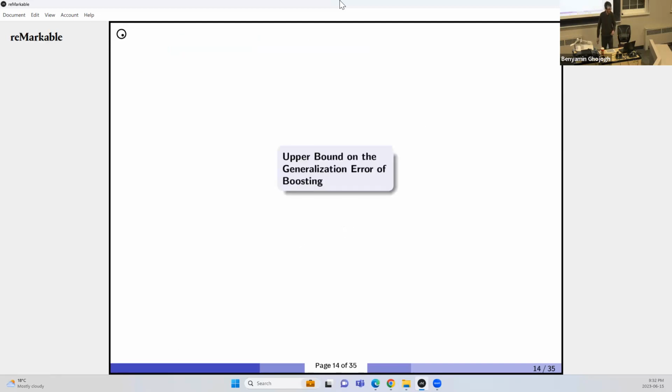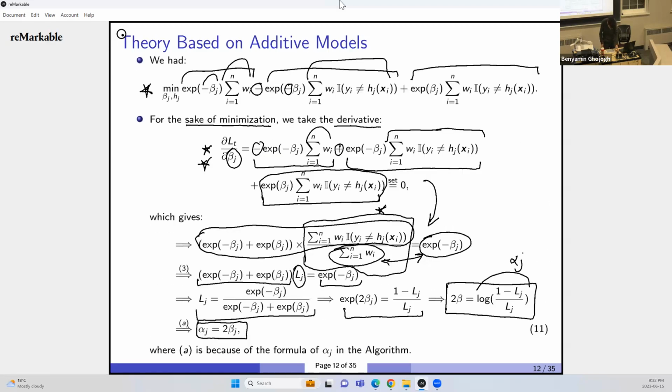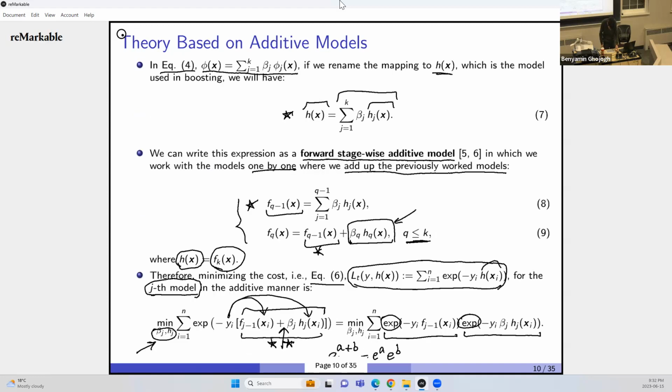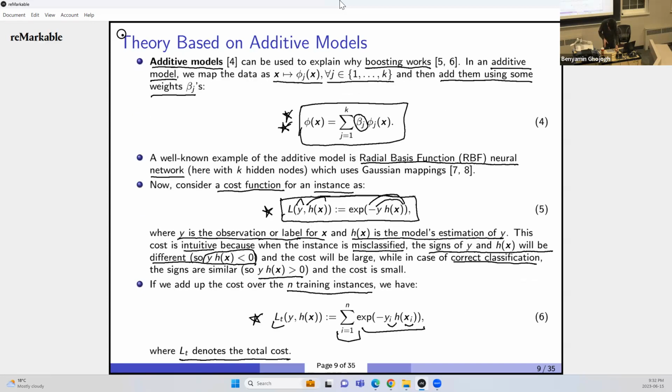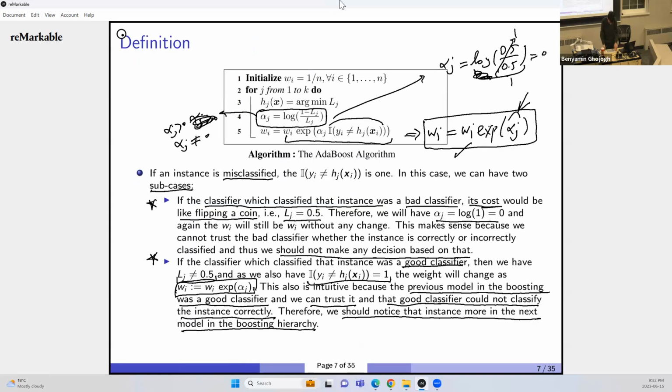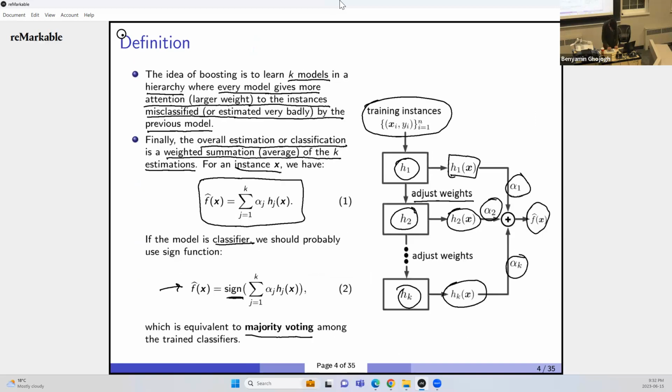Now, beta. Let's go back. What was that? Oh, it was in the additive model, the weights of the additive model. So let's go back to where we started. We said boosting is the summation of alpha_j h_j, but in the additive model we called it beta_j, and we found out that the relation of alpha_j and beta_j was alpha_j equals 2 beta_j. So it doesn't matter.